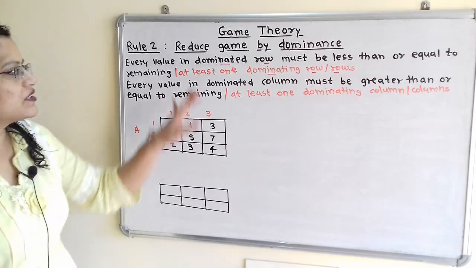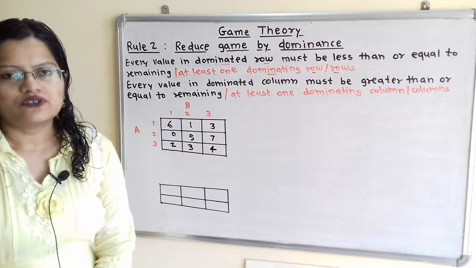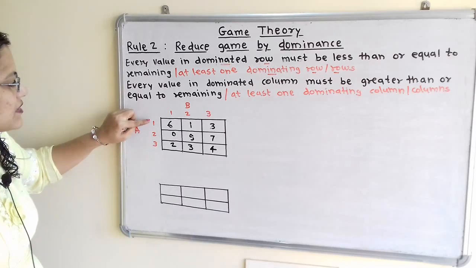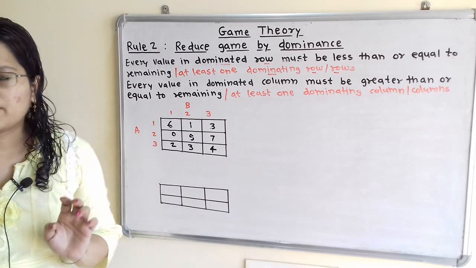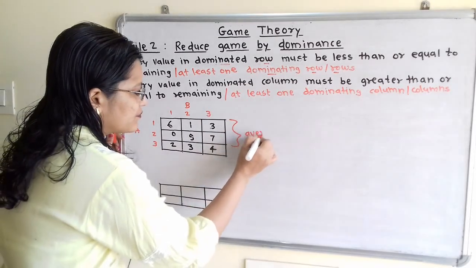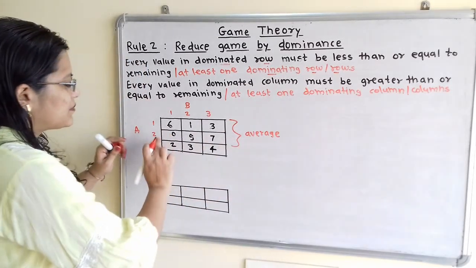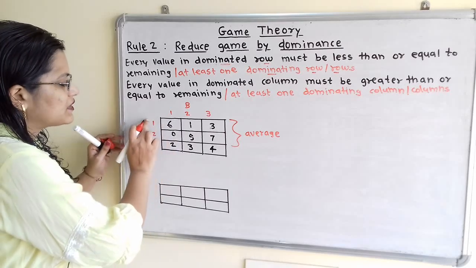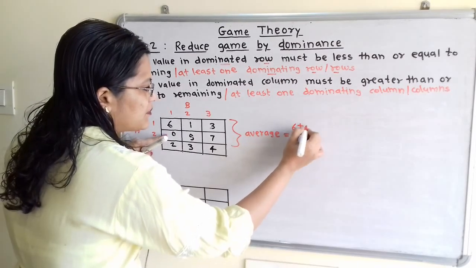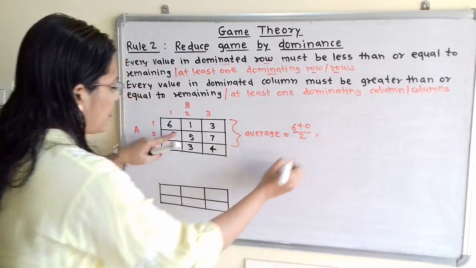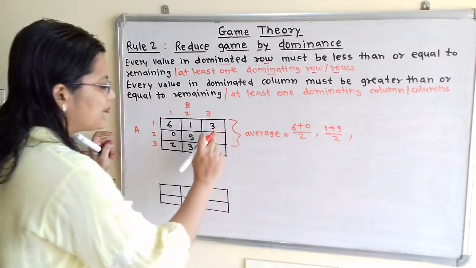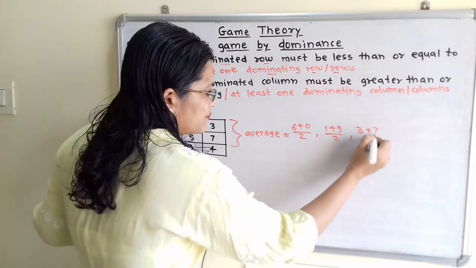So how do we reduce this game by using dominance? So we will use the average here. We will take the average of strategies 1 and 2 available to A. So how do we find the average between strategy 1 and 2? 6 plus 0 divided by 2, comma, 1 plus 9 divided by 2, comma, and 3 plus 7 divided by 2.